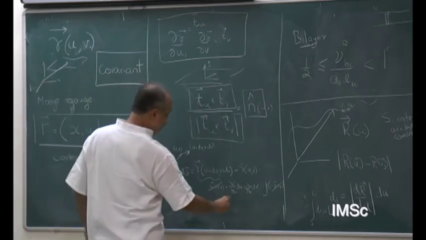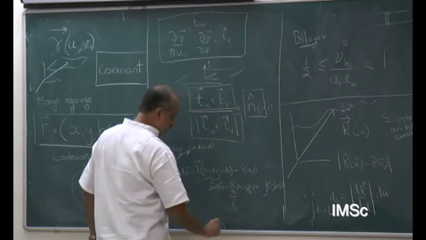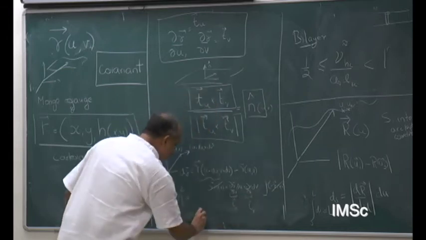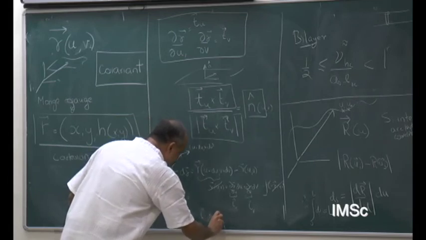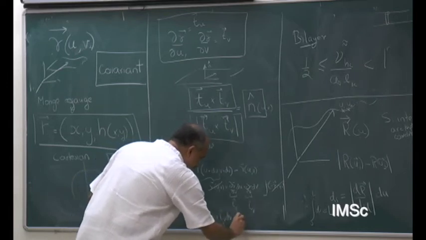Suppose this is what we just wrote down. We call this tu. This we called tv. So this becomes tu du plus tv dv dotted with itself.